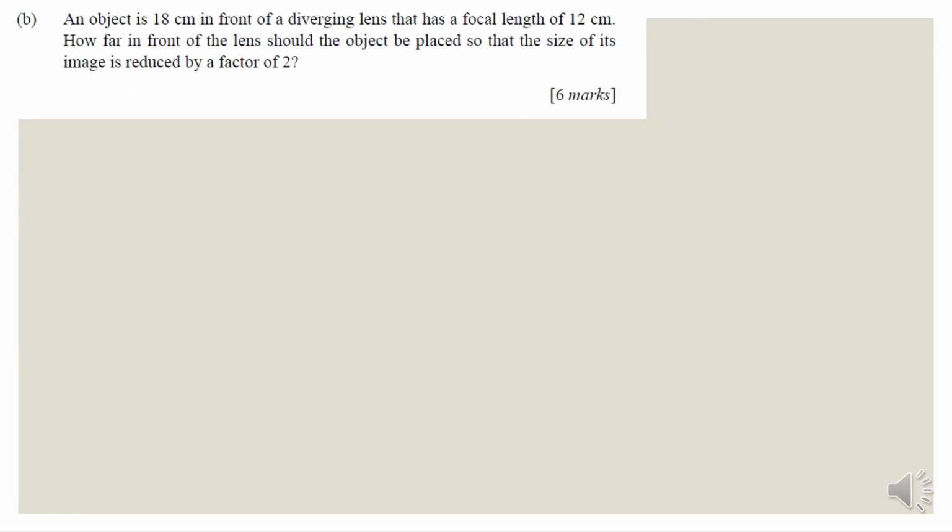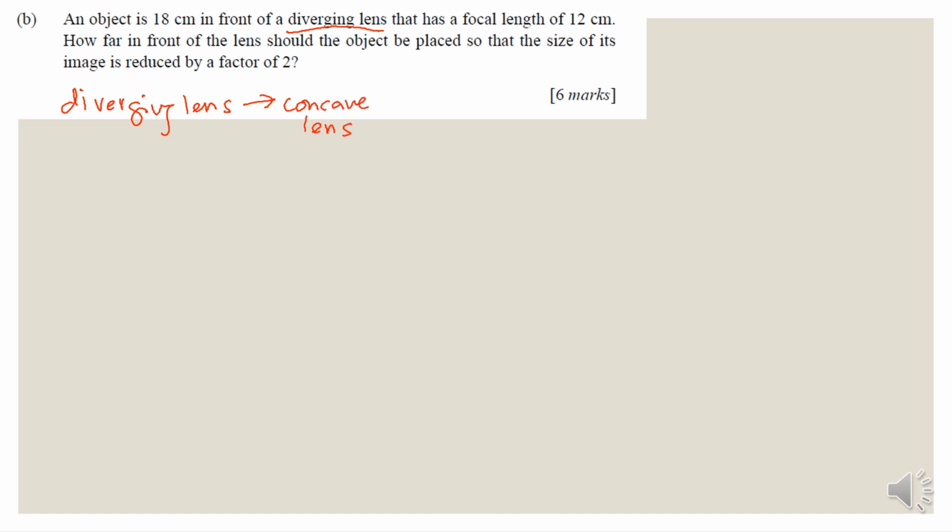Okay, untuk 4B, an object is 18 cm in front of a diverging lens. Okay, so bila disebut sebagai diverging lens, dia adalah concave lens.